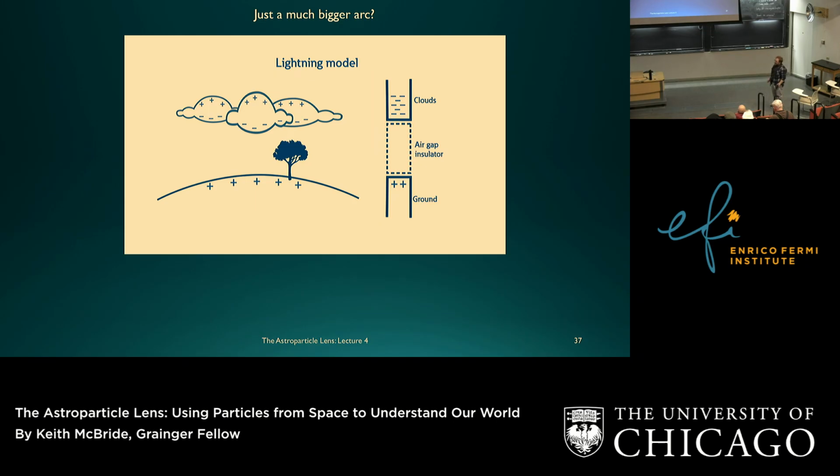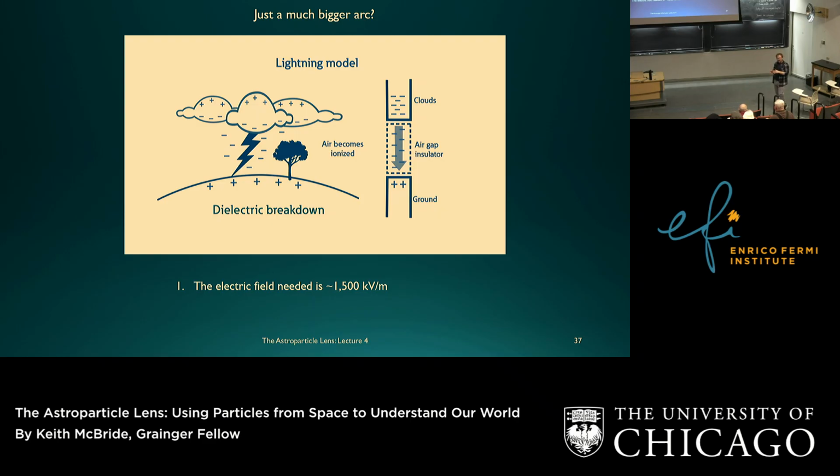So is lightning just a much bigger one of these arcs, right? The answer is that the electric field at the altitude of where a thunderstorm is needs to be about 1,500 kilovolts per meter in order for that kind of arc to happen. At altitude, it might be lower pressure, but that lower pressure still means the electric field has to be this strong.